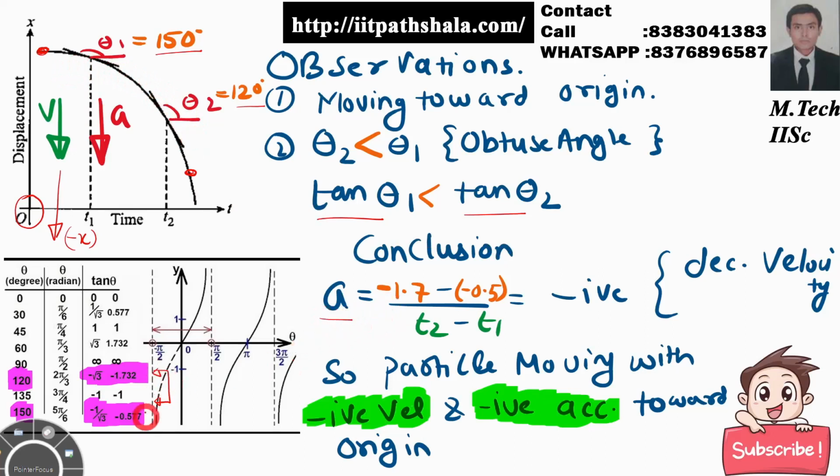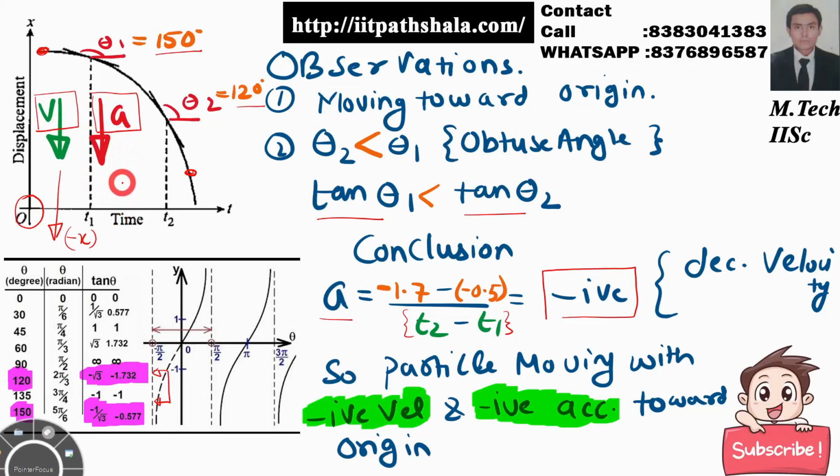Finding the acceleration, putting these two values over here, keeping in mind that t2 minus t1 will be positive because we are moving forward in time, you will be having a negative value of acceleration. So as you can see here, I am having a negative value of velocities and a negative value of acceleration. So I am having a negative value of both velocities and acceleration in the same direction.